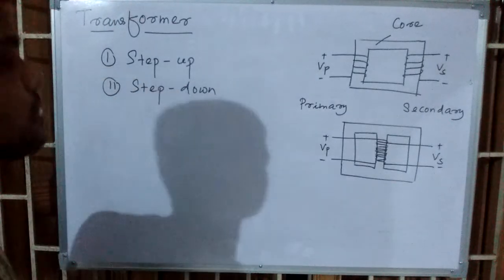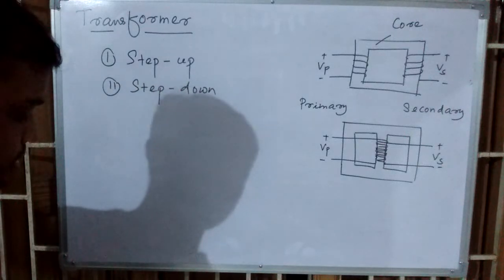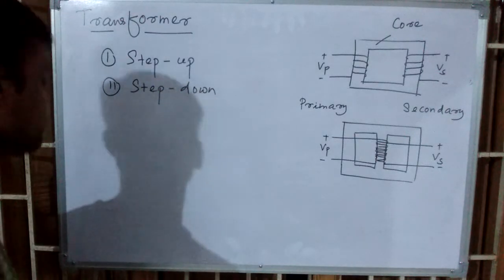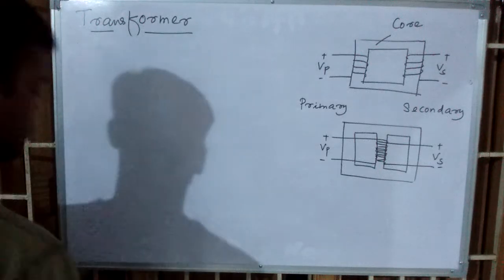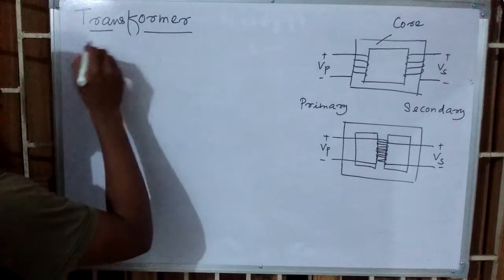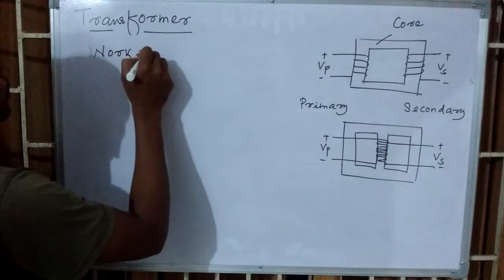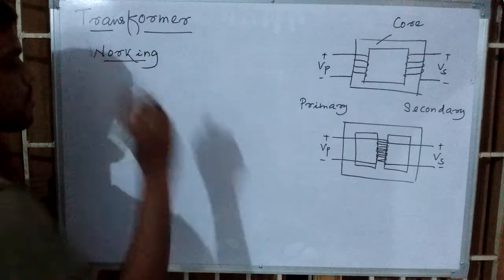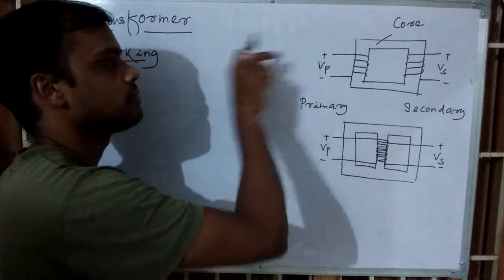Now come to the operation, how it operates, how the voltage is increased or decreased. So, its working. Suppose we are giving AC voltage from this side.